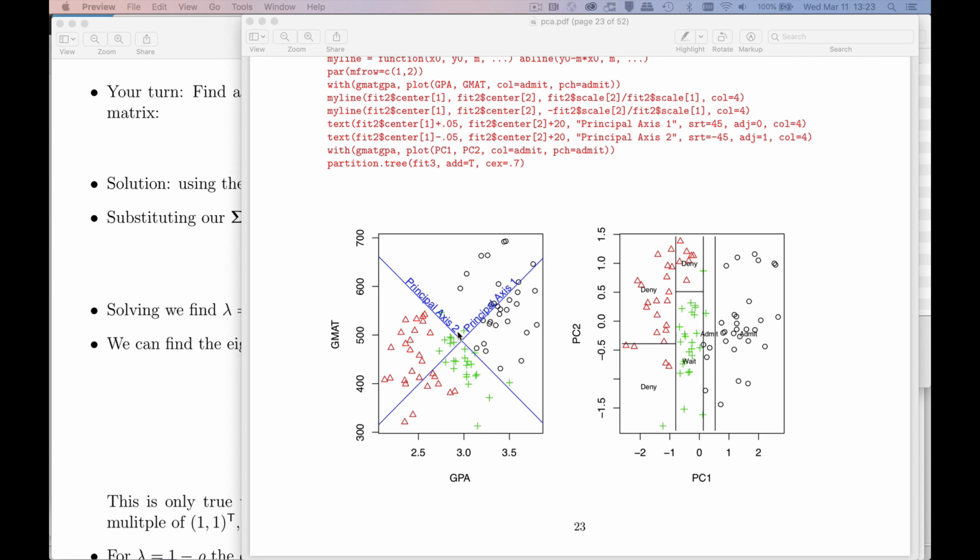Now, what I told you during lecture last week was the first axis is given by the first eigenvector of the X transpose X matrix, so the covariance or the correlation matrix, depending on whether you standardize your data. And the variance in this direction is given by the first eigenvalue.